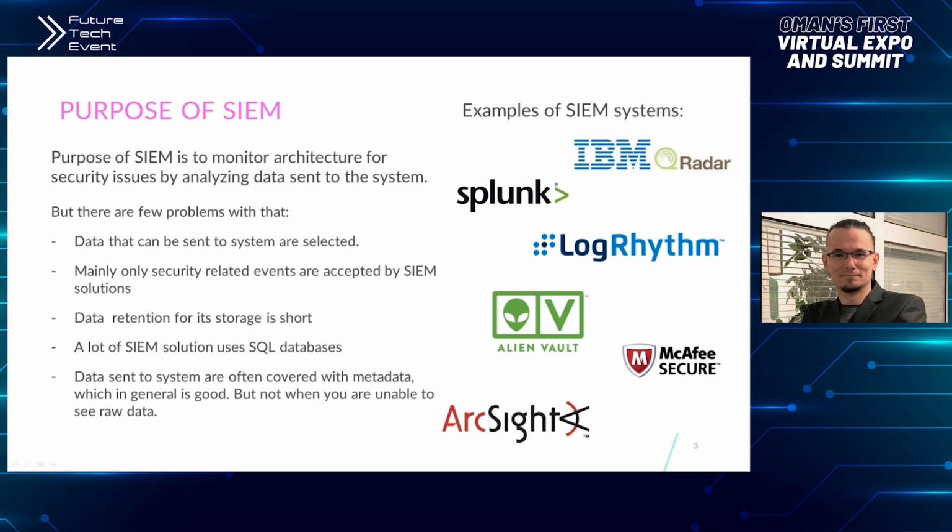That SIEM solution would look at the data and search for issues and other problems like malicious activity. So SIEM in general is a tool that helps you monitor the security data.